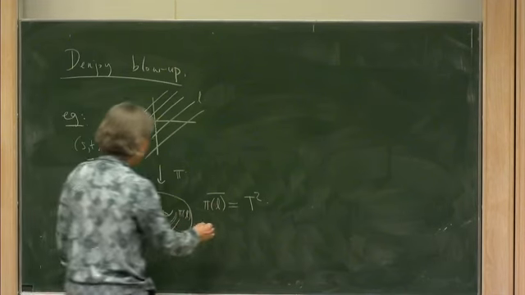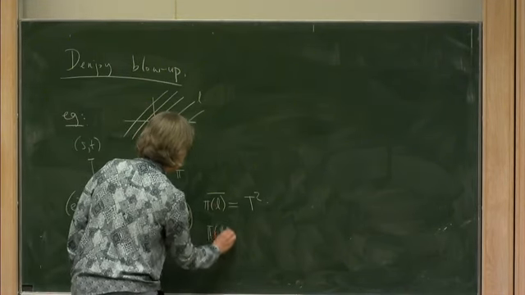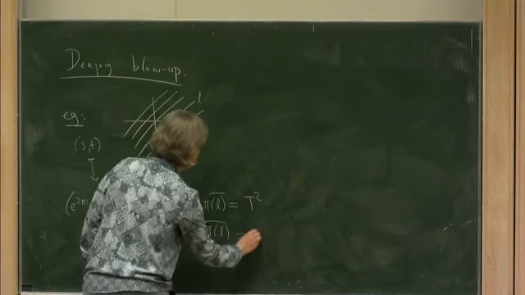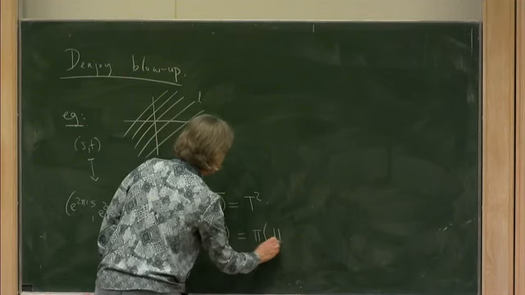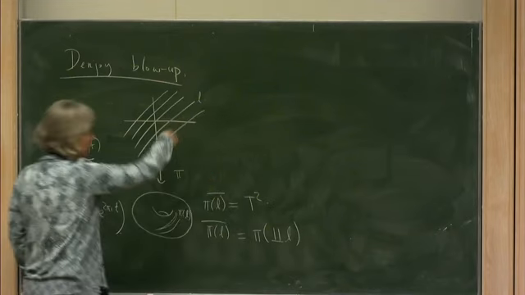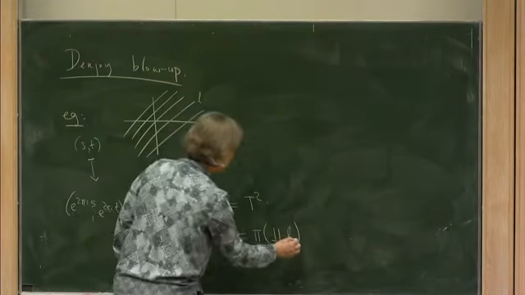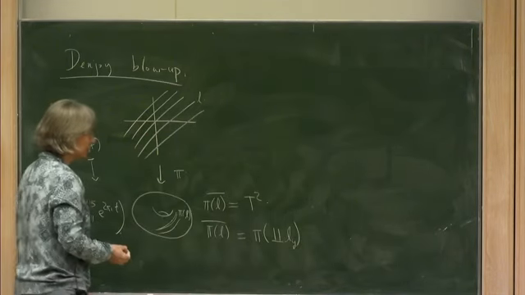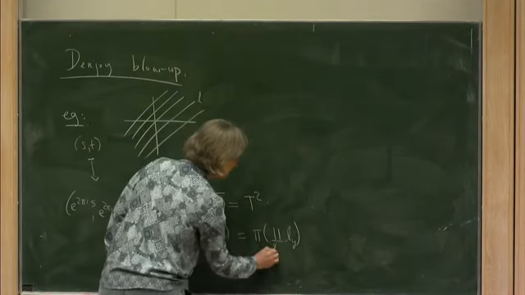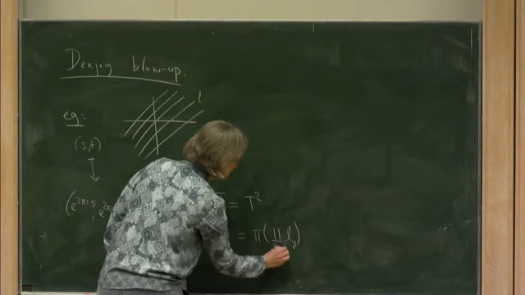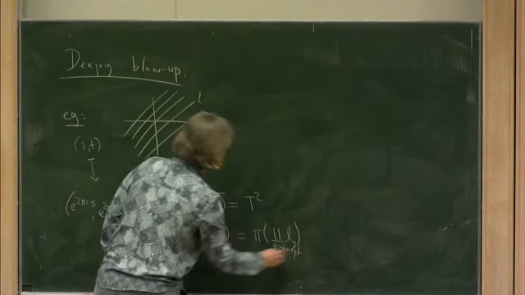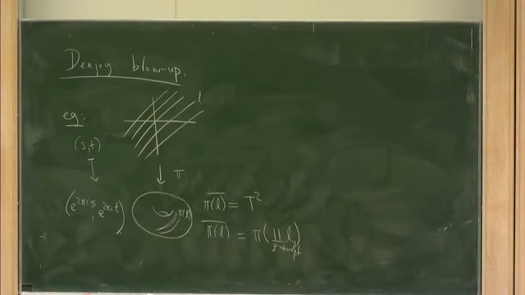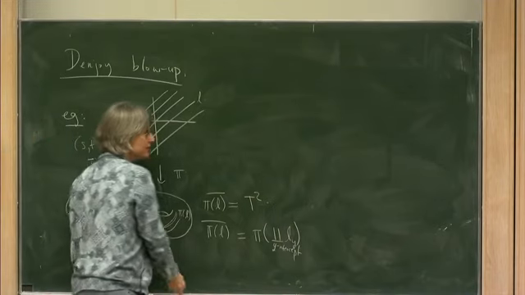Or we can think about pi of L closure as just equal to pi of the union of all the lines upstairs, L_y, where y is my y-intercept. So this is just an example of a foliation of the torus.